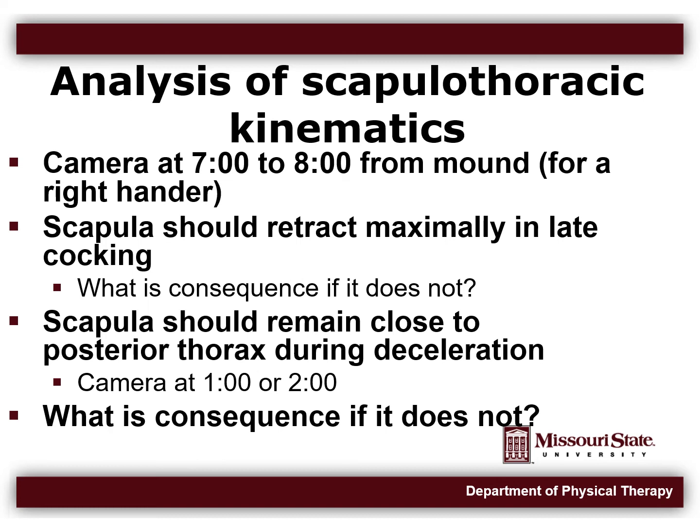With a right-handed pitcher, you would do the opposite thing with a left-handed pitcher, so you can make sure that the scapula stays retracted through the follow-through. And if it does not, and this is interesting and important, then the posterior glenohumeral joint muscles, that is the infraspinatus and the posterior deltoid, don't have a sufficient length-tension relationship in order to decelerate the arm.